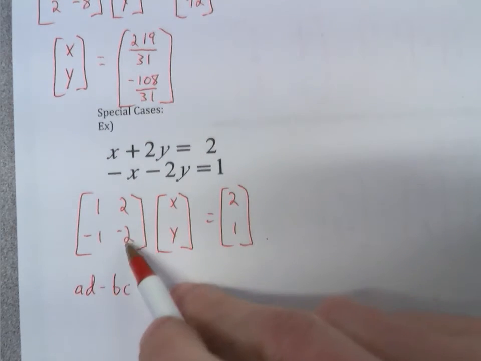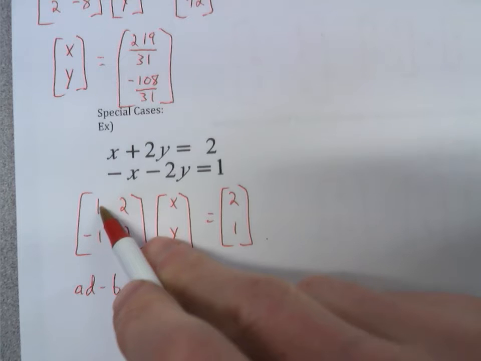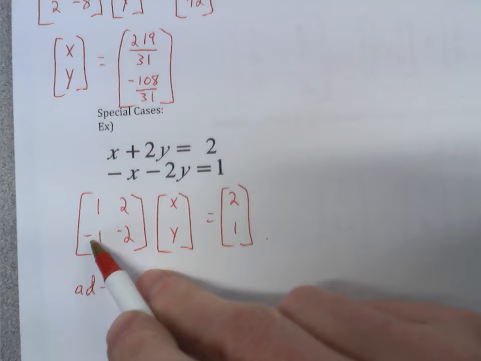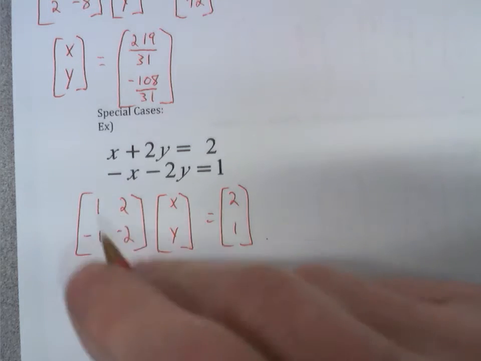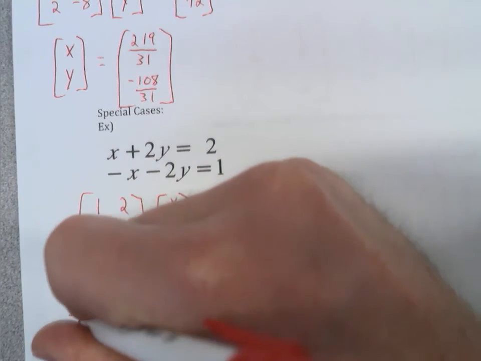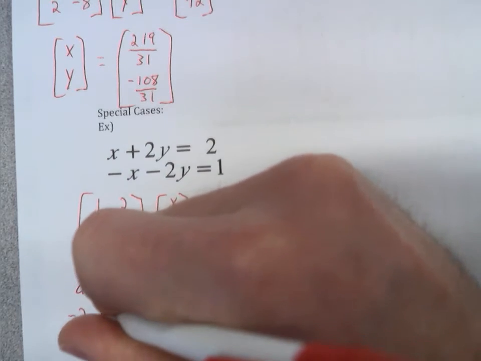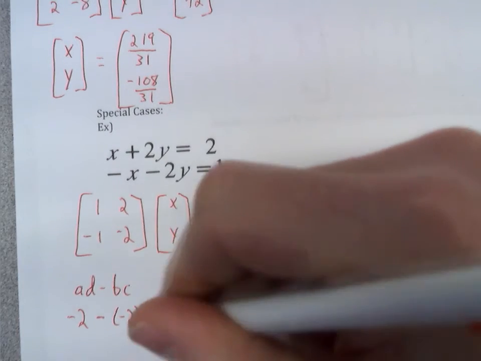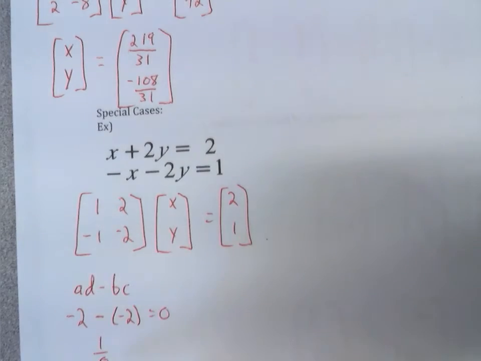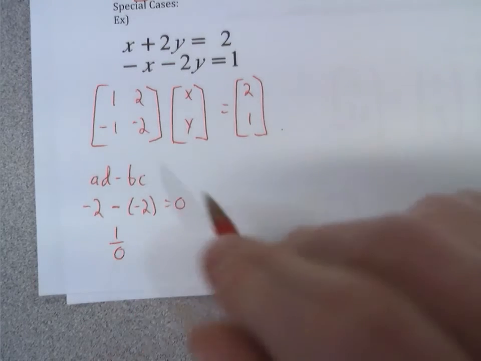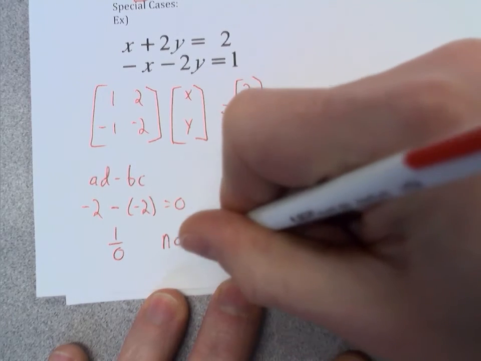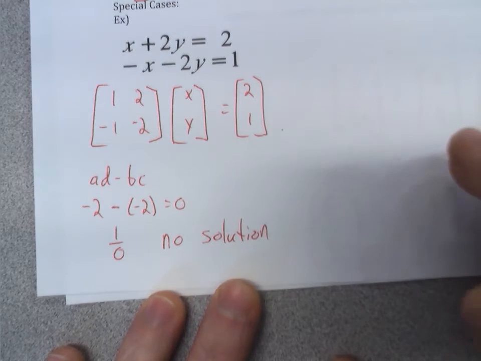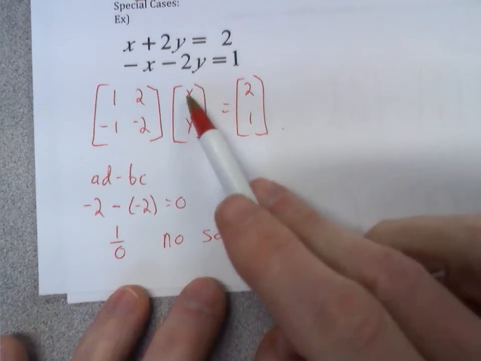Well, if I do that, that means I've got negative 2 times 1, and then I've got negative 1 times 2, and that means I'm going to end up with negative 2 minus negative 2, which equals 0. And that's going to give me a denominator of 0 for my determinant. And therefore, this is no solution when that happens.